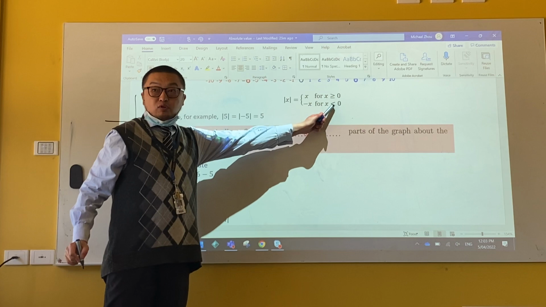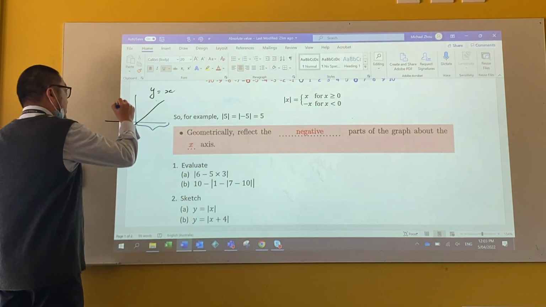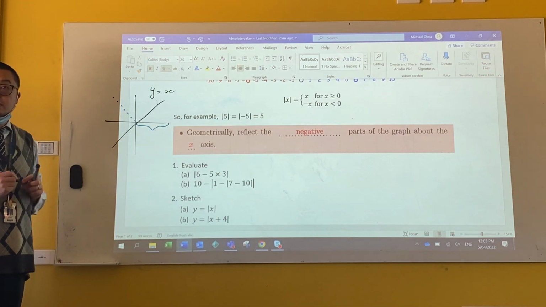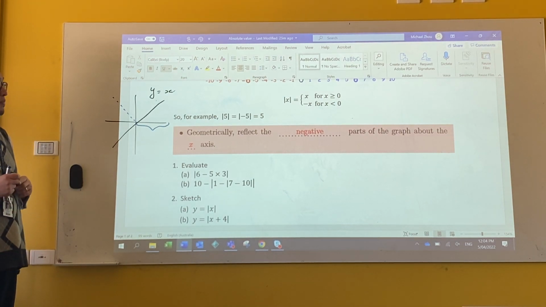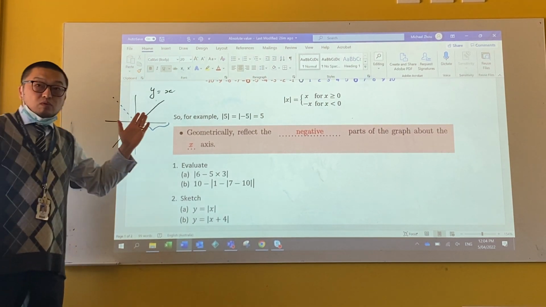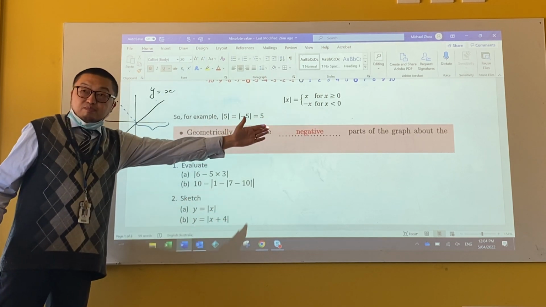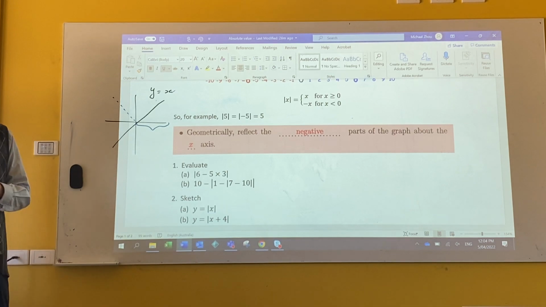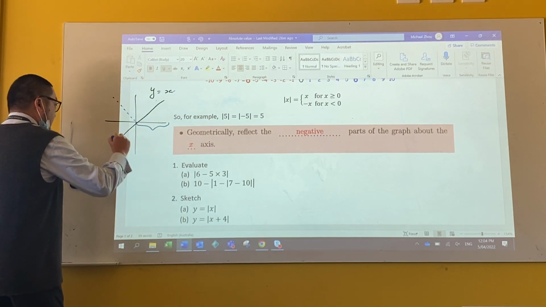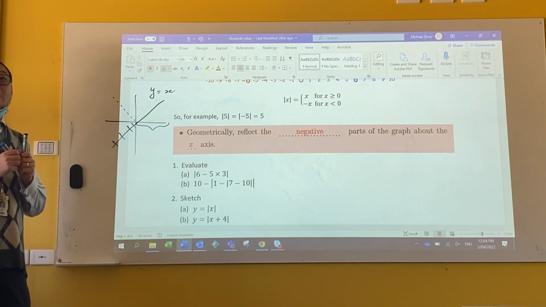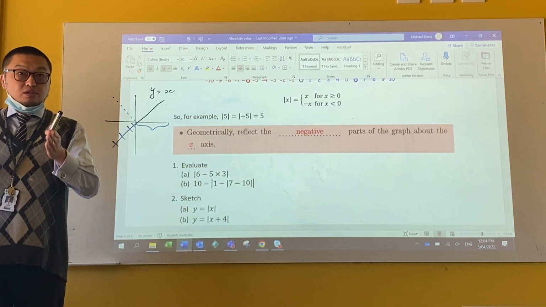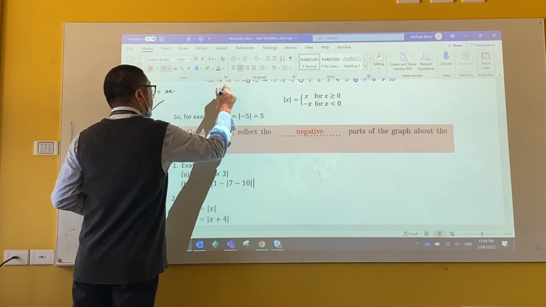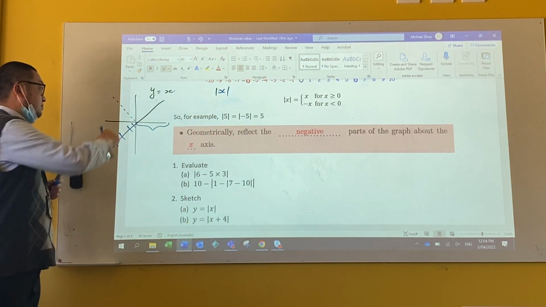When x is smaller than 0, it's this part. It's negative x. So that's why we say we reflect the negative part of the graph about the x-axis. So we are going to ignore this part whenever we have an absolute value of x. This is why you hear some people say it is basically a V shape.